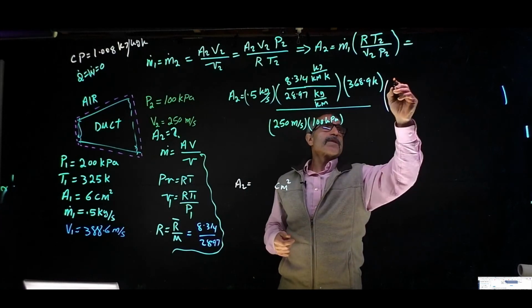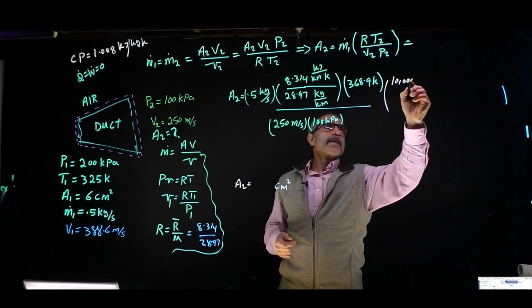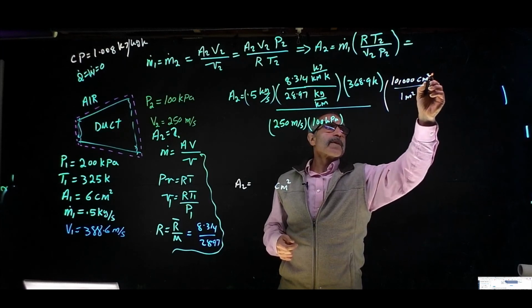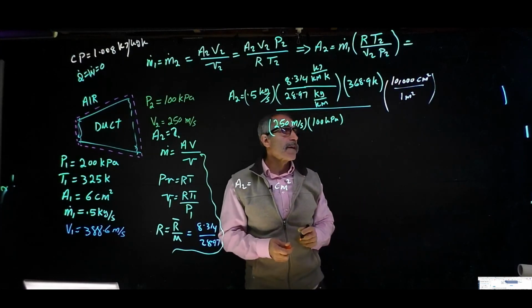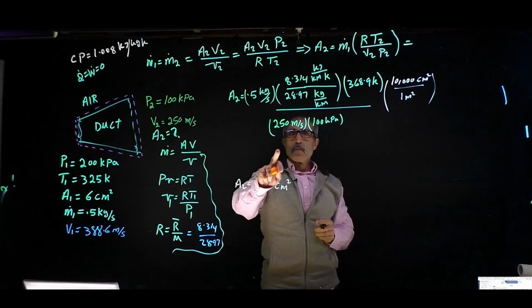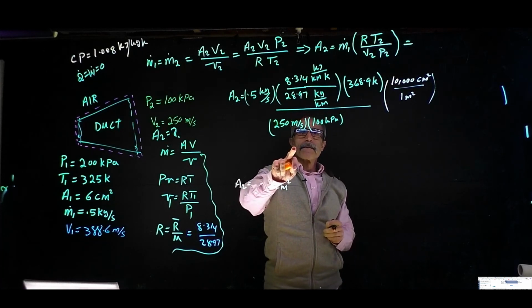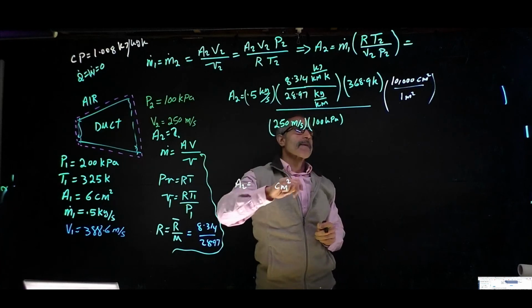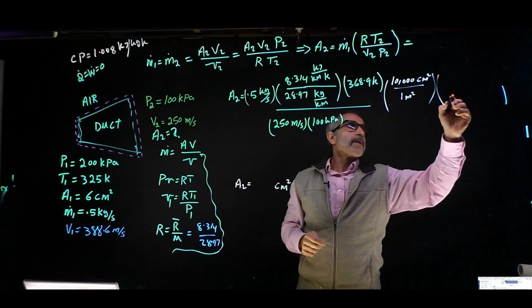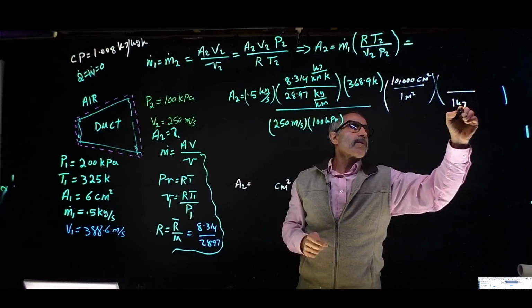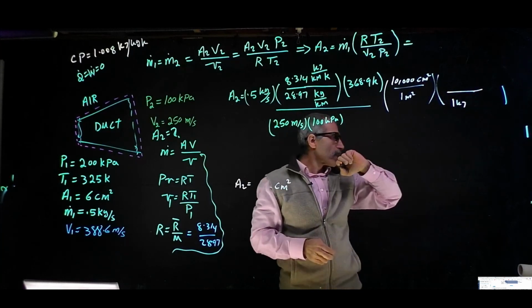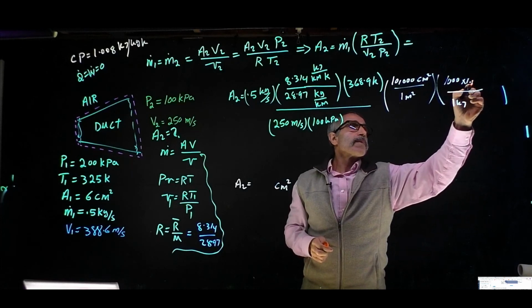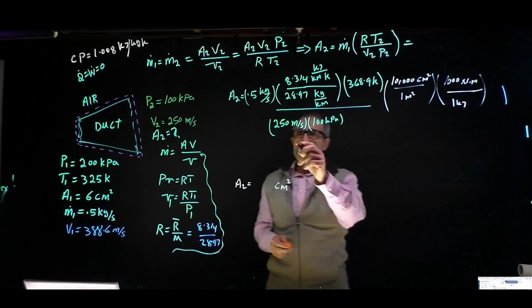Then we've got to get rid of kilojoule right here. So we know 1 kilojoule is 1,000 Newton meter.